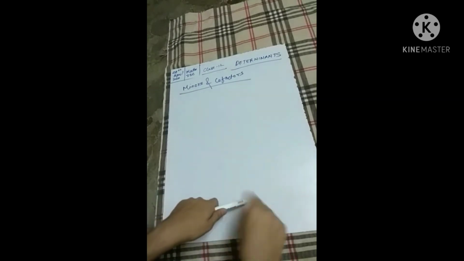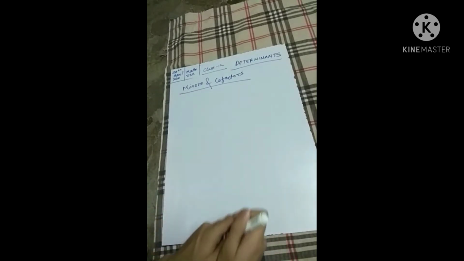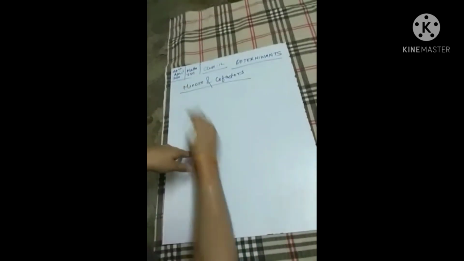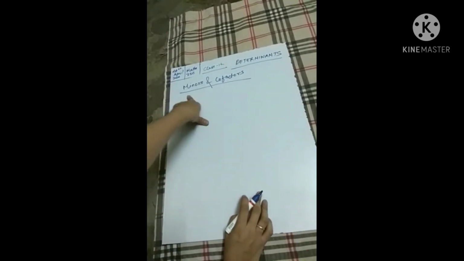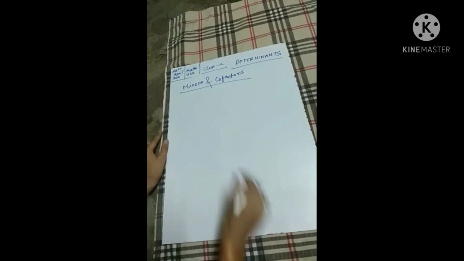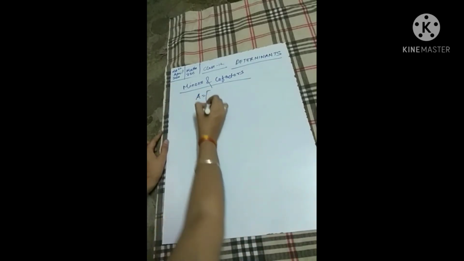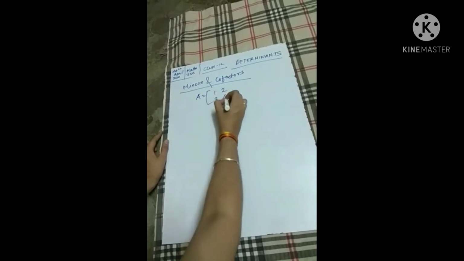I'm taking one example and I'm trying to clear the idea of the minor first. Minor and cofactor, they both are very much related. If you can find the minors, the cofactors can easily be found out. So let us take one example of first 2 cross 2, then we'll take 3 cross 3. A matrix 1 2 3 4.